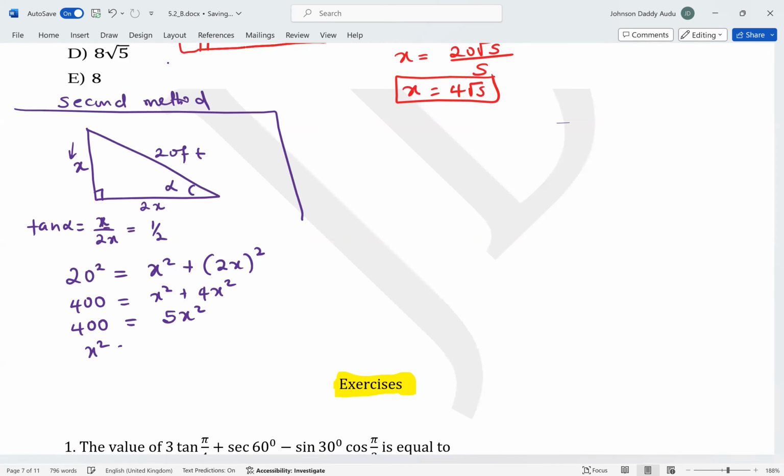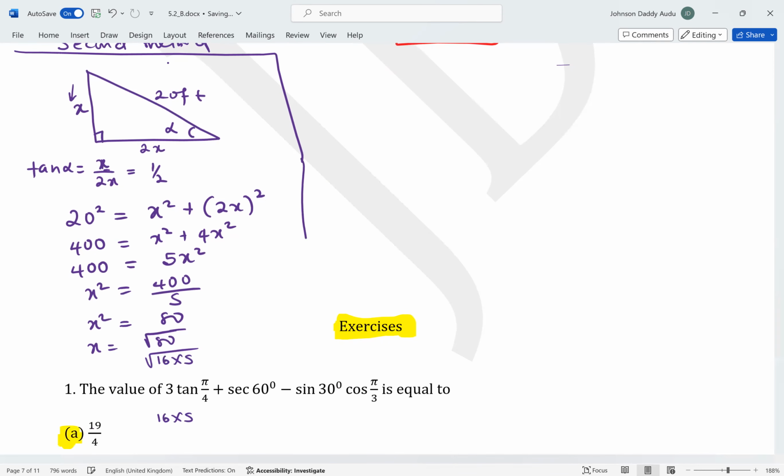So x squared is 400 divided by 5. And this is nothing but 80, right? So x is the square root of 80. Definitely we take the positive one. And this is nothing but 16 times 5. Am I correct? Yes. And this is simply 4 root 5.